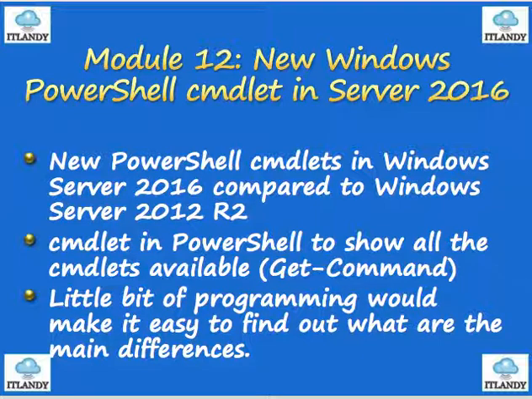I've used Azure again. I've built a couple of VMs, Server 2016 and 2012, and I ran through the cmdlets to see what exactly has been changed, and making sure we do a comparison between the two. You can write an XML output, you can compare the XML output.